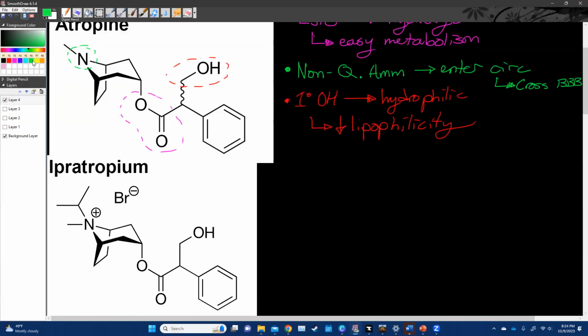Yeah, we added an isopropyl group, which created a quaternary ammonium. So can ipratropium cross into the circulation or cross the blood-brain barrier? No.